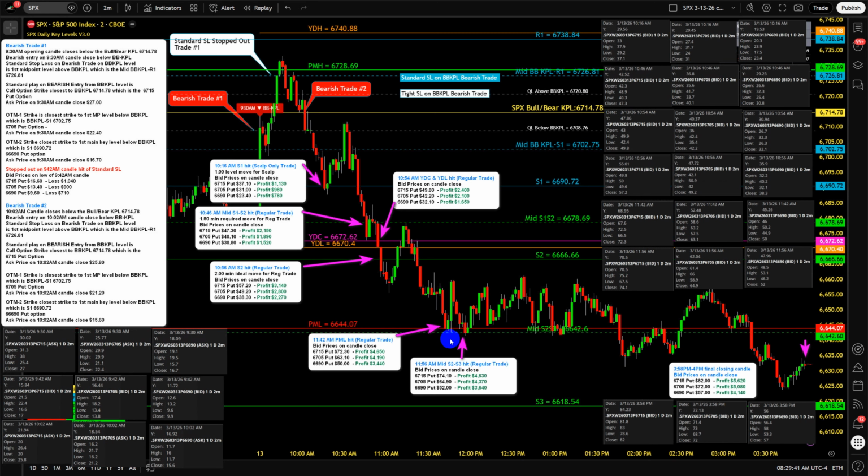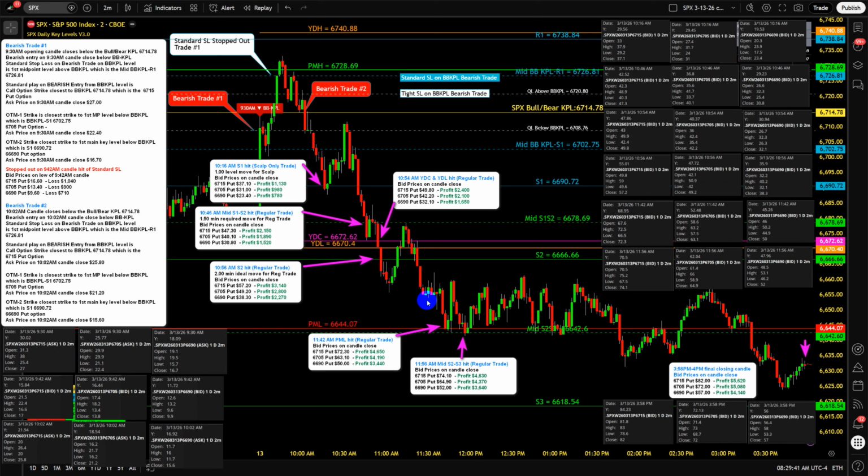So the idea is to capture profits on the majority of your contracts, 60 to 90%, and then de-risk remaining runners to capture larger profits should the move continue in your favor, because you do not know how much further this move may go. It may go 3, 4, 5 levels or greater in your favor.